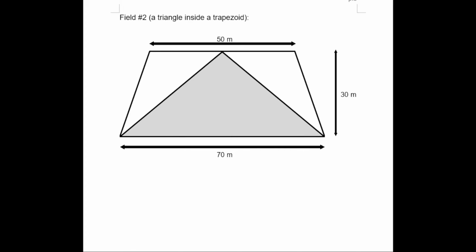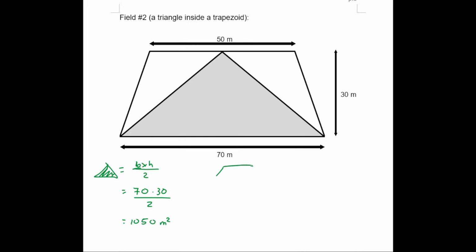So what's the formula for the area of a triangle? It is 1/2, or half of base times height, right? Or you could say base times height over 2. So what's my base? It is 70. The height is 30. We're going to take that divided by 2. So that's going to give you 1050 meters squared.